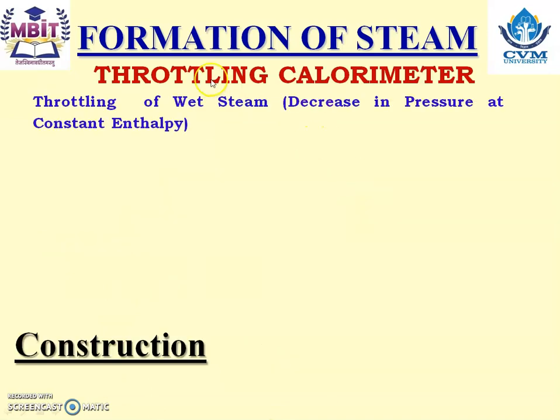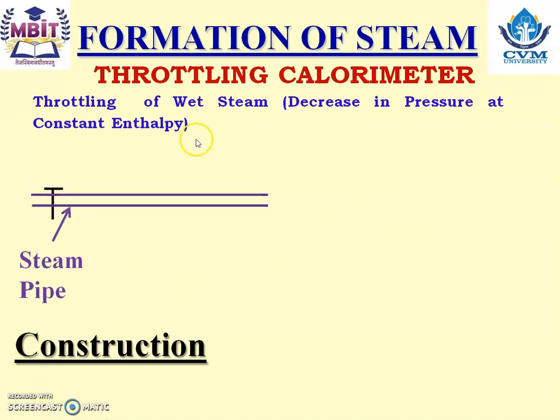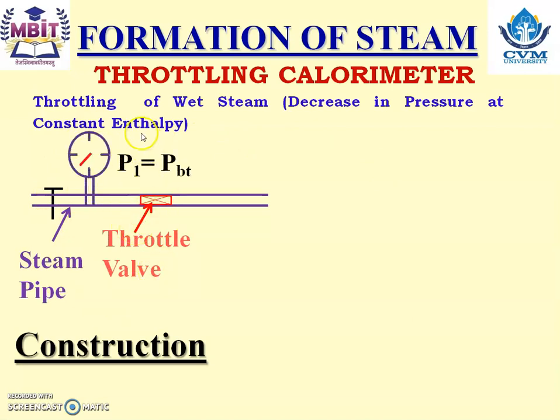Now let us study the throttling calorimeter and its construction. There is a steam pipe, a valve, and a throttle valve is provided. A pressure gauge is provided which measures the pressure before throttling, that is P1.